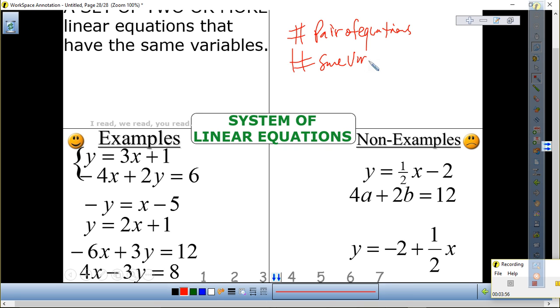Same variables. And Felipe? Hashtag system. And one more: 2, and put a plus. 2 plus equations, because it has to be two or more equations.